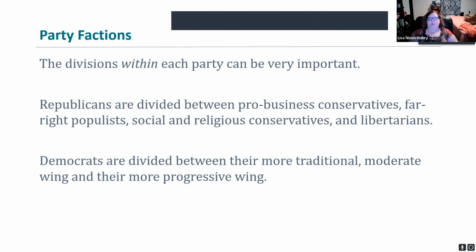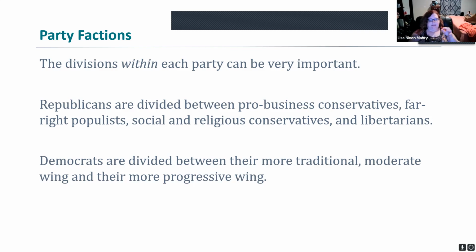A lot of people will agree with the libertarian platform but maybe register as Republicans so they have more say in the political process and more on their ballot, especially in a closed primary state. So those are different segments of the Republican Party.